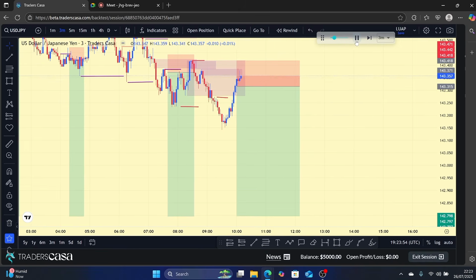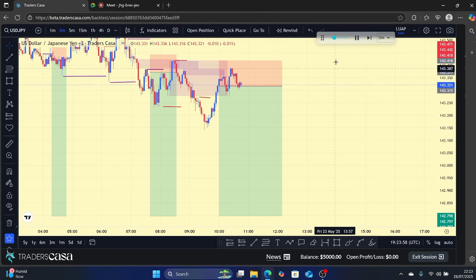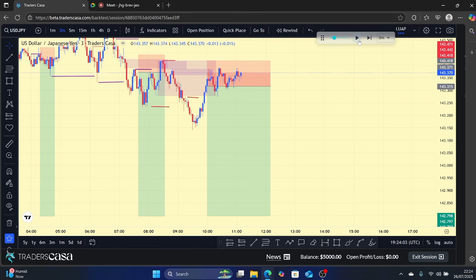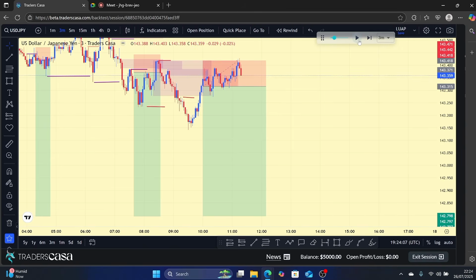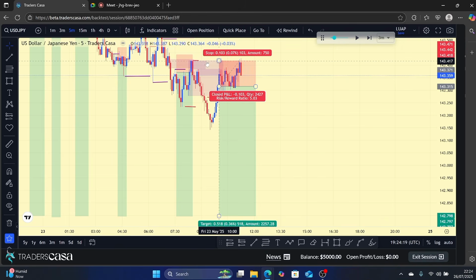Let's see what price does. Alright, price mitigated that order block that I marked, and this is not giving me a good sign, because price needs to actually reject from that price very badly. Alright, let's see. Alright, price stopped me out, took out this high, probably this one here on the 5 minutes. So you can clearly see on the 5 minutes there was no POI here, and this high was what we call the major inducement.